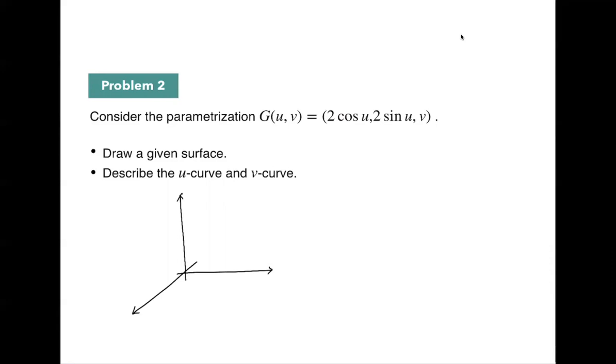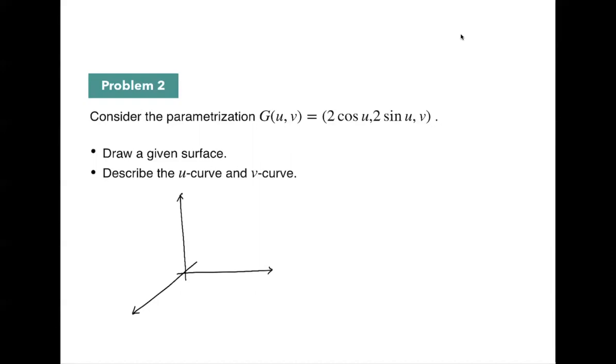If v is fixed, it means that our height is fixed. So at each z, we can think that 2 cosine u and 2 sine u is a circle, right?